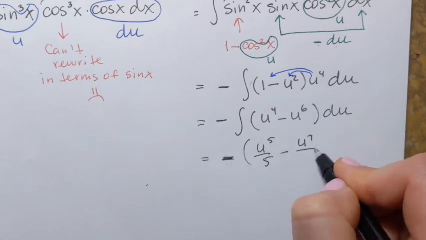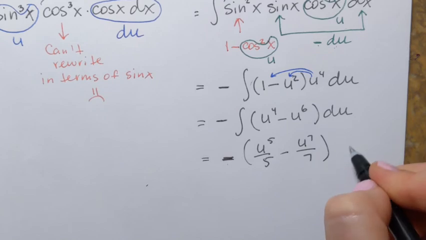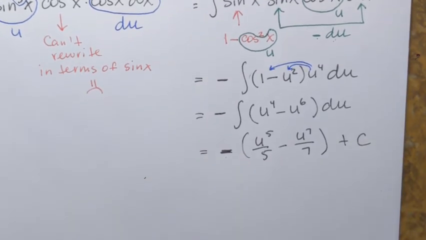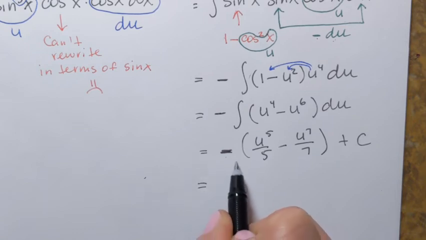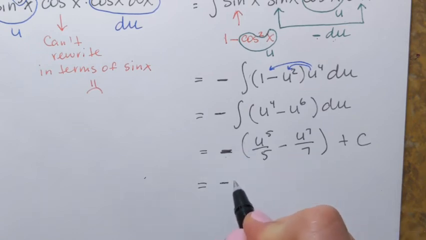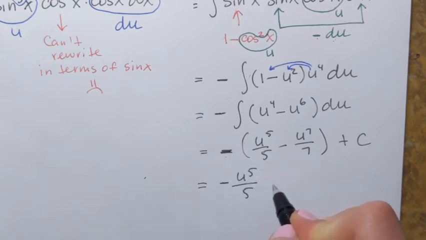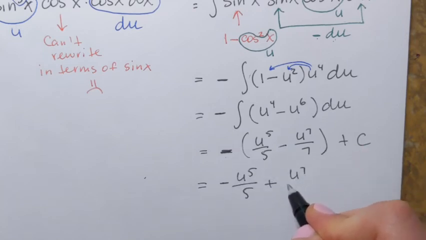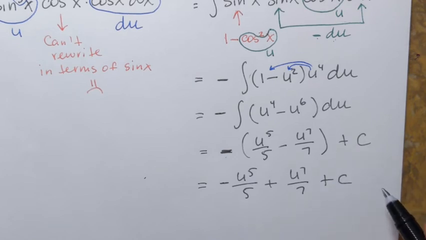Minus u to the 7th power over 7 plus c. I can put c outside. Now I will distribute the negative sign: negative u to the 5th power over 5. Negative gives me positive, plus u to the 7th power over 7 plus c.